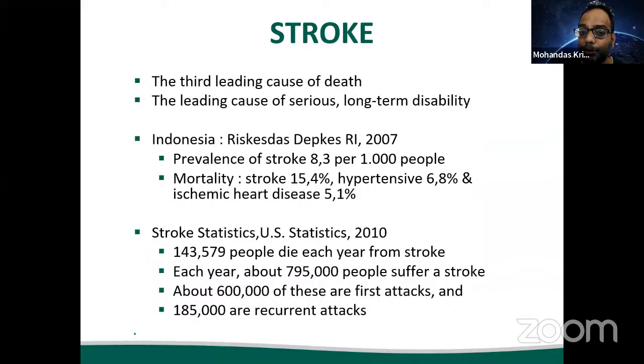Ischemic heart disease 5.1. So what do you understand? Stroke is 15% and 4% is hypertensive. We'll understand this in such a way that we have a stroke because of hypertension.